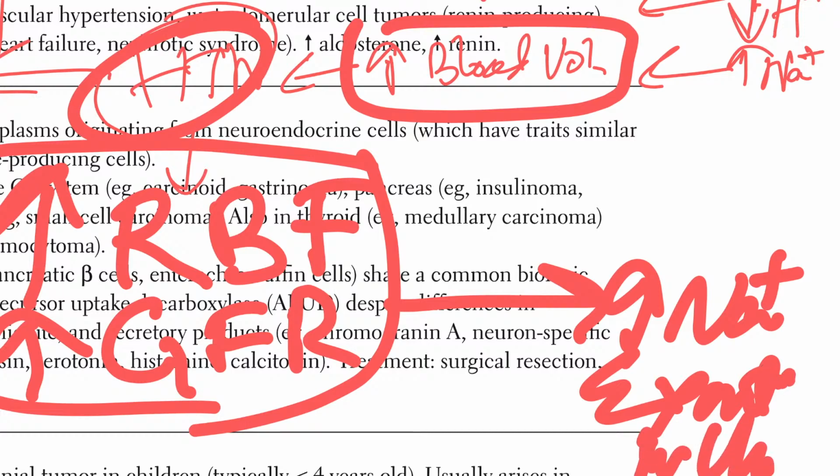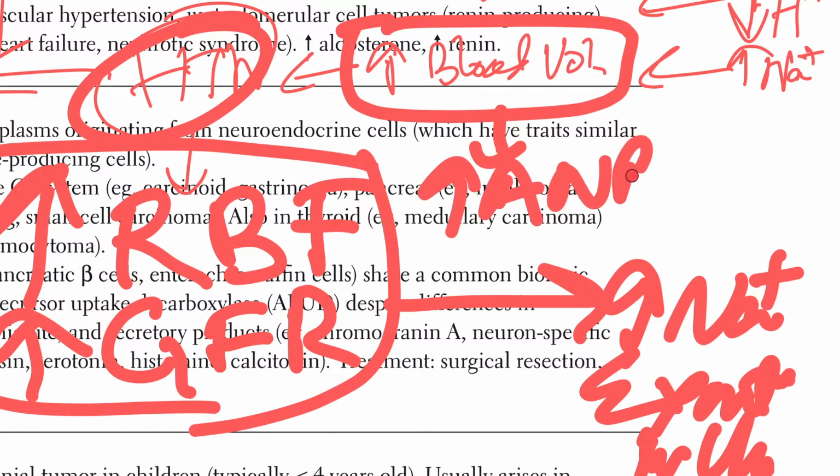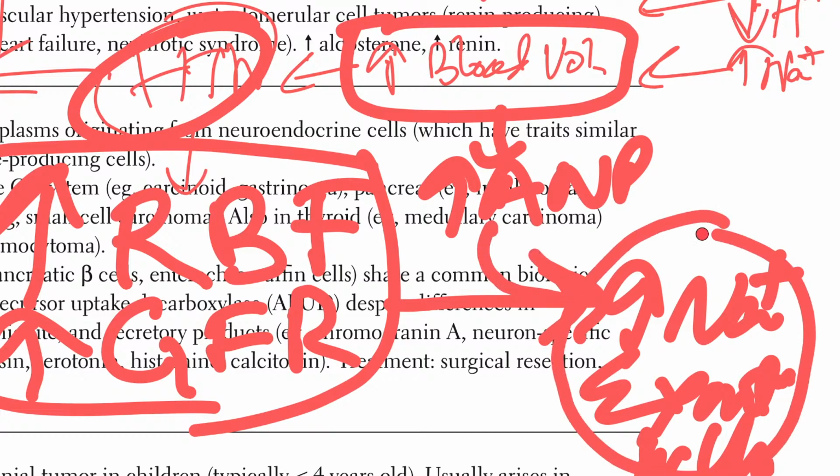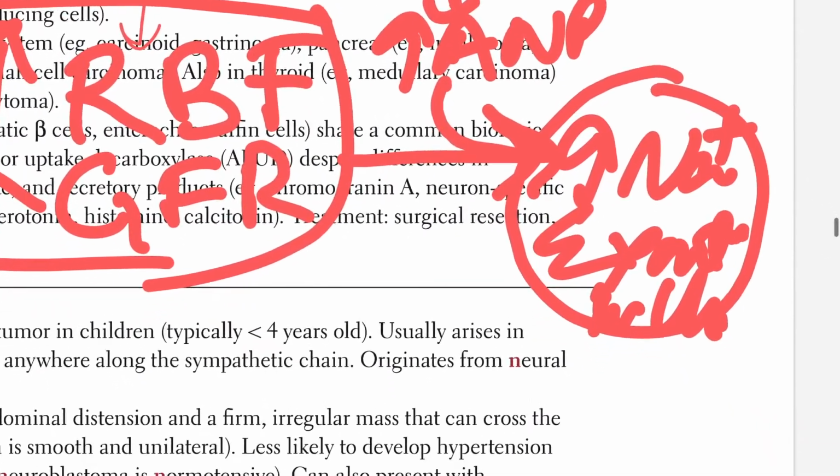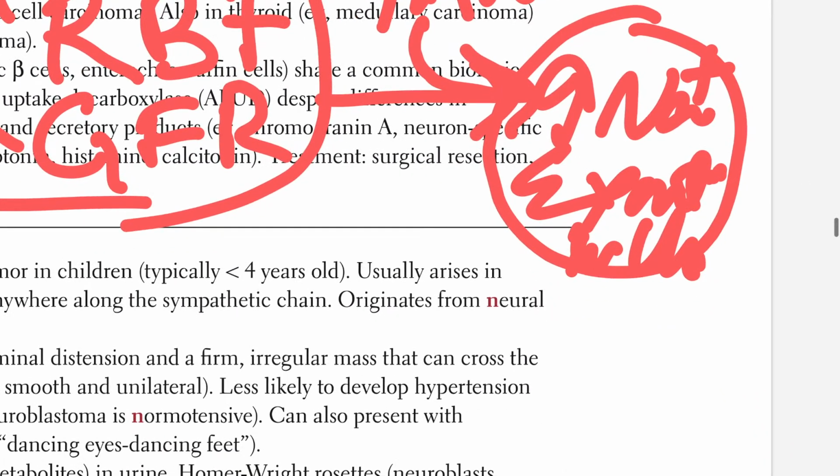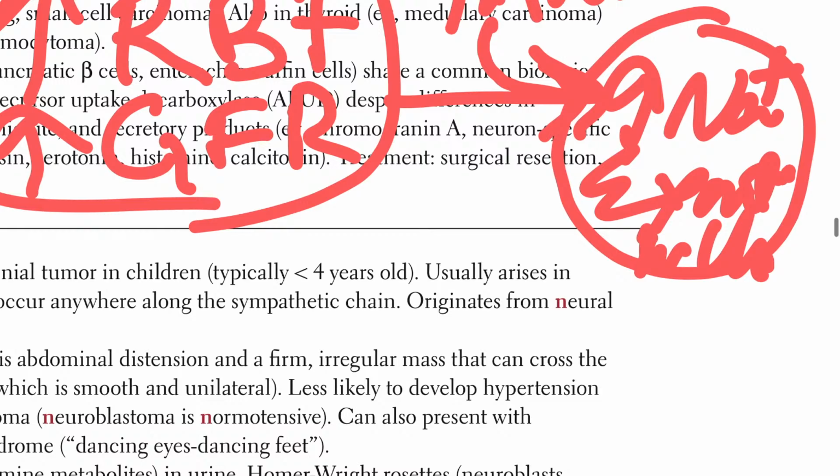And not only that, but also increase in blood volume causes what? Again, it's going to dilate the atria and ventricles, causing increase in ANP, right? And that is going to also cause the same thing, which is sodium excretion. When you excrete that sodium, it's going to limit the edema. So again, this is the aldosterone.